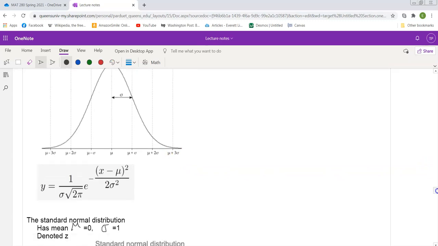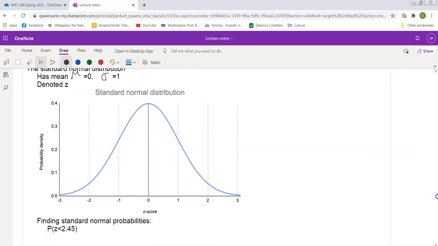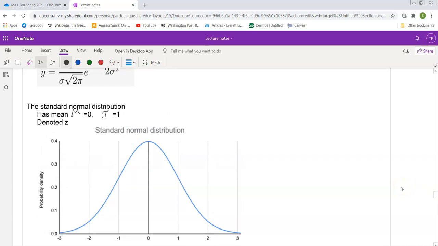So we usually stop sketching at 3 and negative 3. So for the standard normal distribution, the mean is 0, so 0 is in the middle there. And you've got 1, 2, and 3 standard deviations below, and then 1, 2, and 3 standard deviations above.